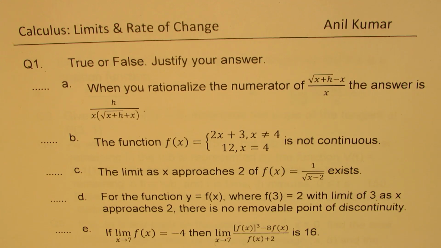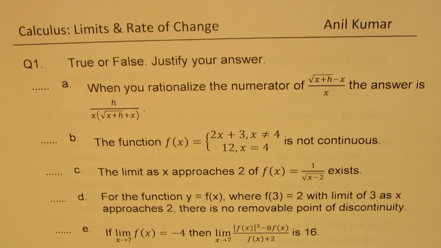Justify your answer. A. When you rationalize the numerator of square root x plus h minus square root x over x, the answer is h over x times within bracket square root x plus h plus square root x. B. The function f of x equals 2x plus 3 when x is not equal to 4 and equals 12 when x equals 4 is not continuous.